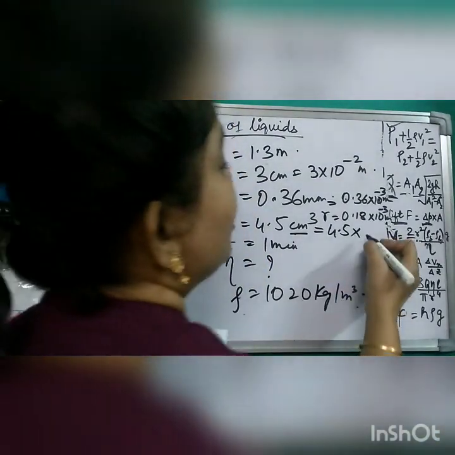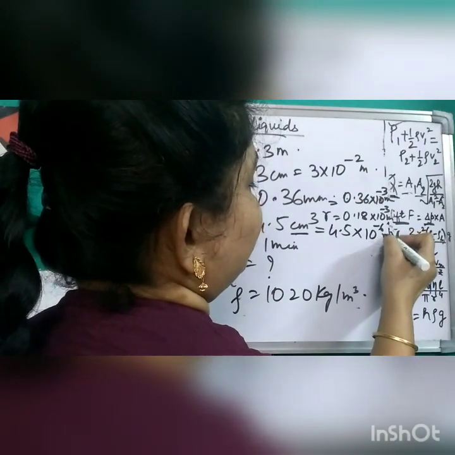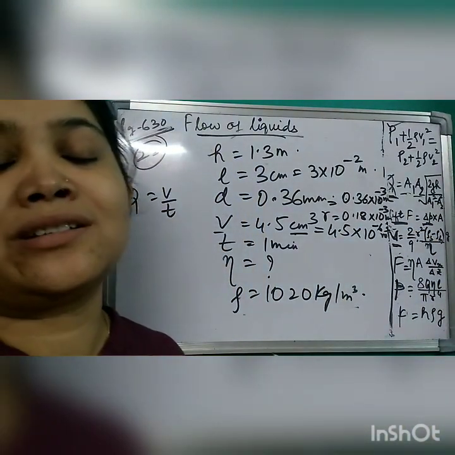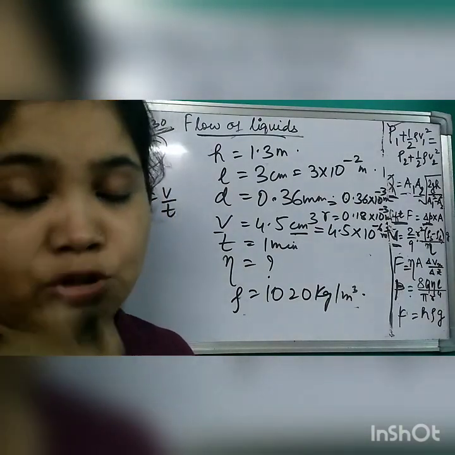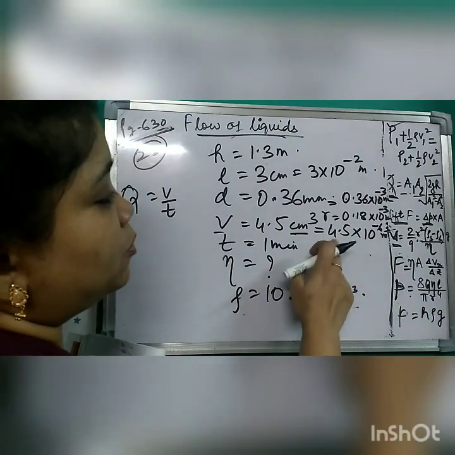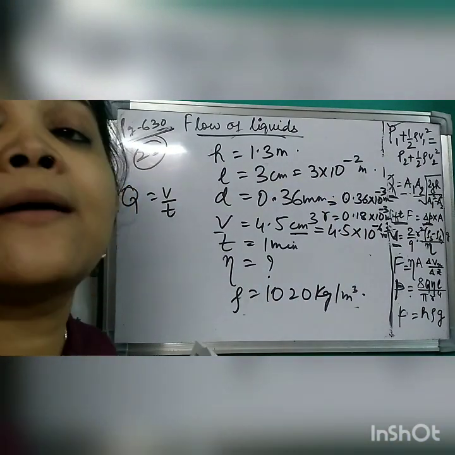It is 10 to the power minus 6 meter cube. Why? Because 1 centimeter is 10 to the power minus 2 meter, so if you do the cube, 2 threes are 6. So you get 4.5 into 10 to the power minus 6 meter cube.